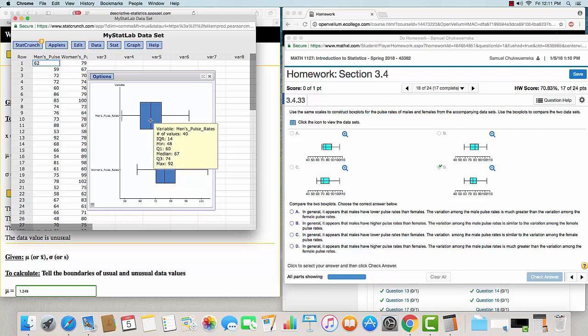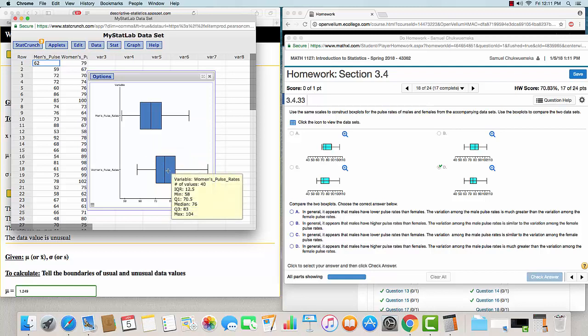If you do 92 minus 48 for the men, that gives us 44... 12 minus 8, 12 minus 4 is 8, and 8 minus 1 is 7. 78. Okay, 78 is the range for the men's pulse rates.